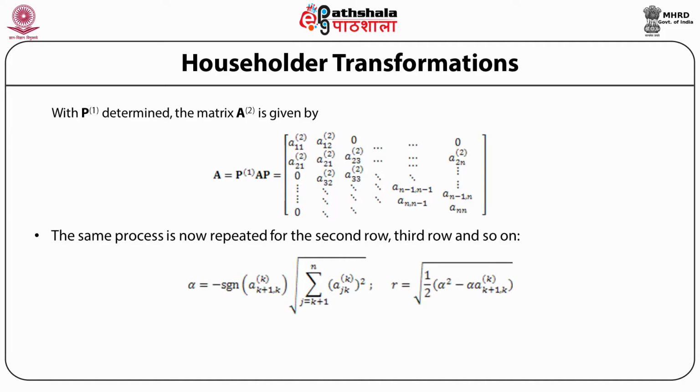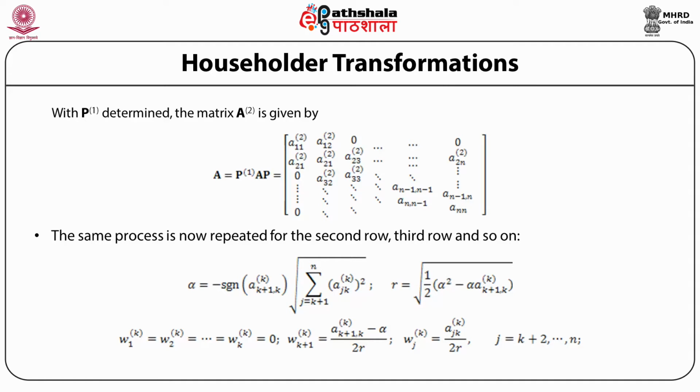So alpha equals minus sgn a k plus 1 comma k raised to power k into the square root of summation j equals k plus 1 to n a jk raised to power k whole square, r equals the square root of half alpha square minus alpha into a k plus 1 comma k raised to power k, w1 raised to power k equals w2 raised to power k and so on up to wk raised to power k equals 0.